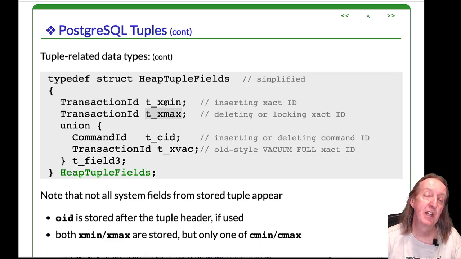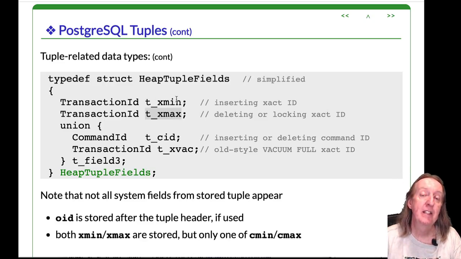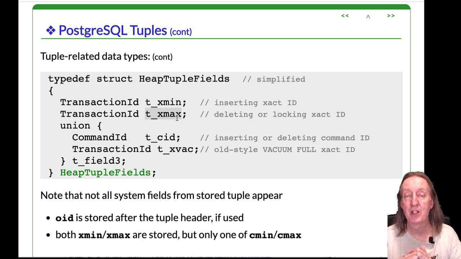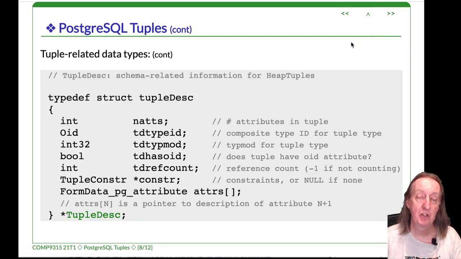You know, we could use a union, say, well, we've either got the inserting transaction or the deleting transaction, but in fact, we need them both to work out, once again, visibility. If you like, you can think of these as specifying a duration during which the tuple is visible. That's not quite accurate, but it's a reasonable approximation.